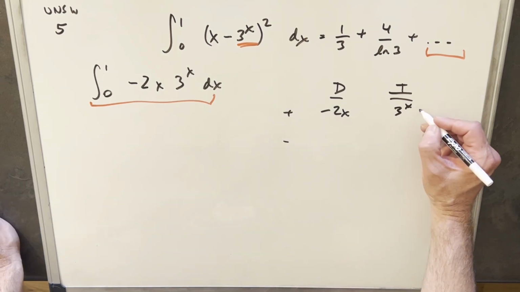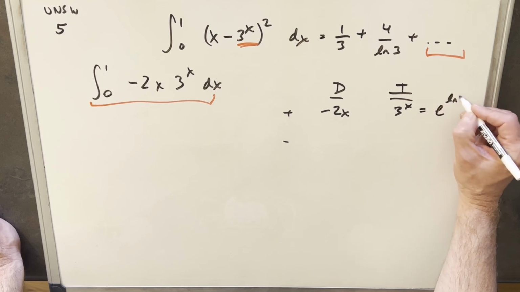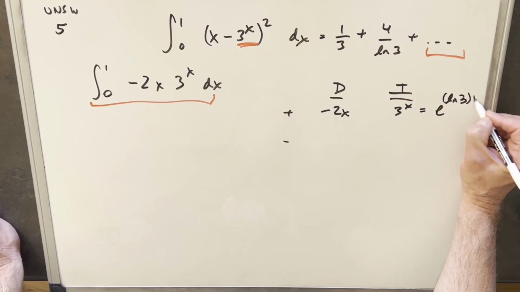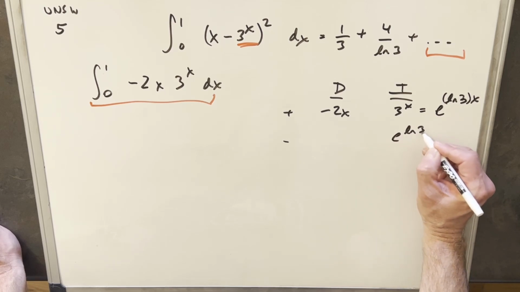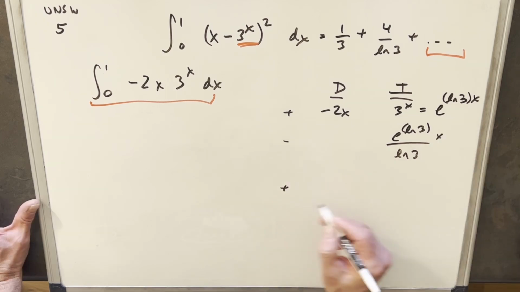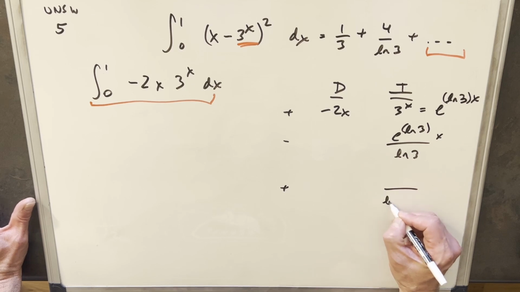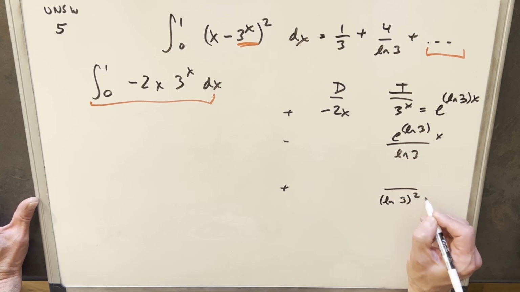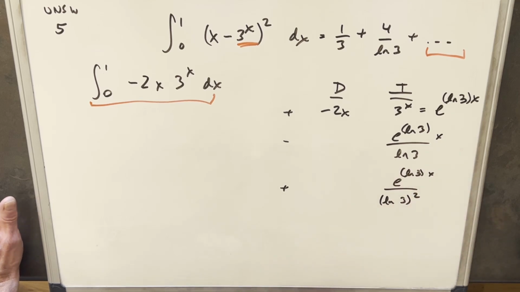Like we did before with the 9, I'll write 3 to the x as e to the (ln 3)x. When we integrate this, just like with the 9, we'll have the ln 3 in the denominator. Then I'm going to integrate this one more time, and we're going to get another ln 3 in the denominator, so we have ln 3 all squared, and we'll have this e to the (ln 3)x here.